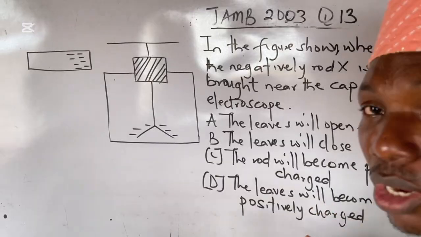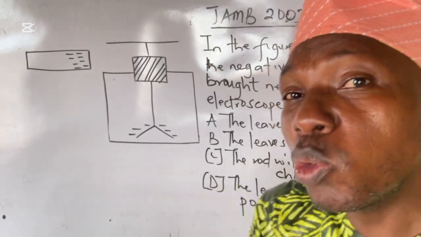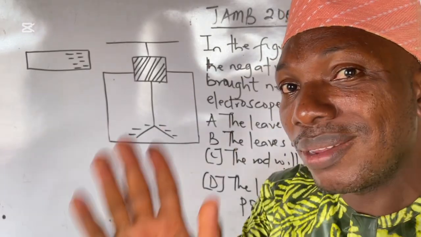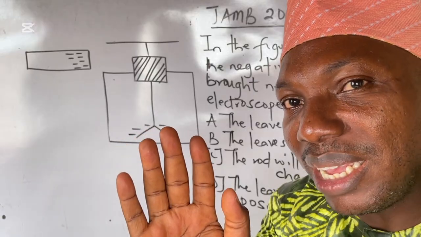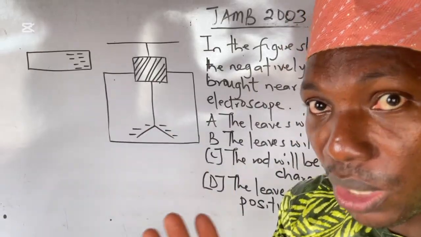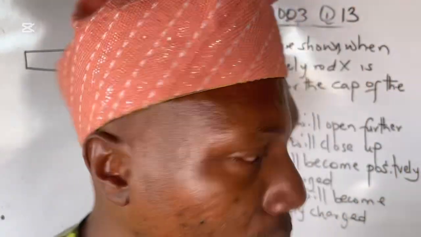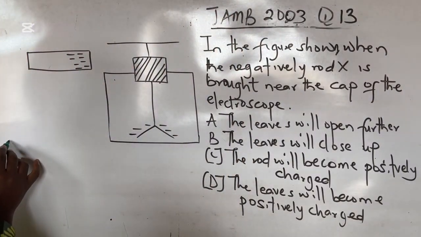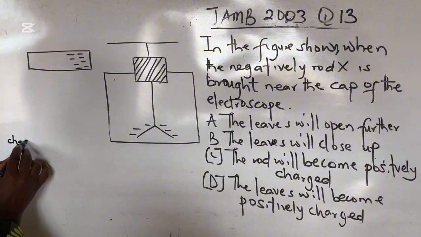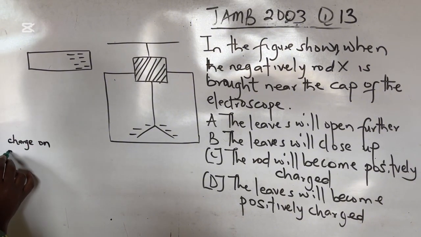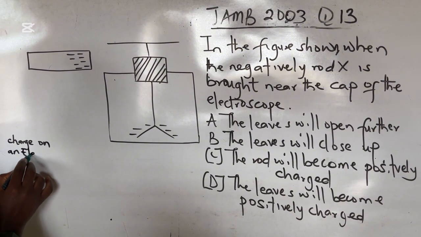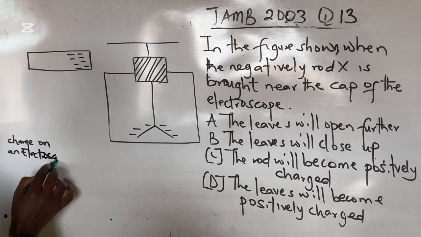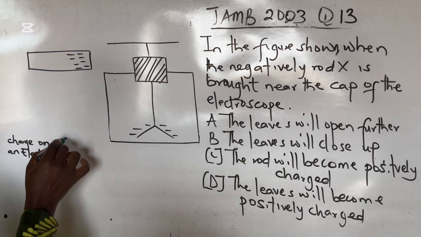Before you can answer this question very well, you must have gone through the example with a table. Keep the table in your mind. Look at the table as I'm doing that. We have charge on an electroscope. That's one.